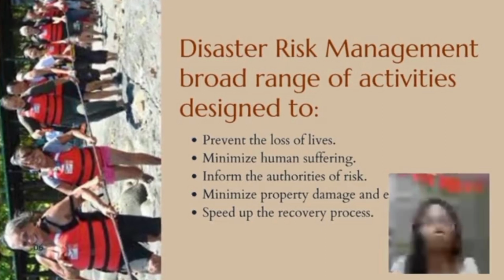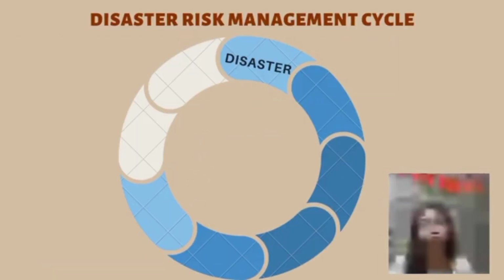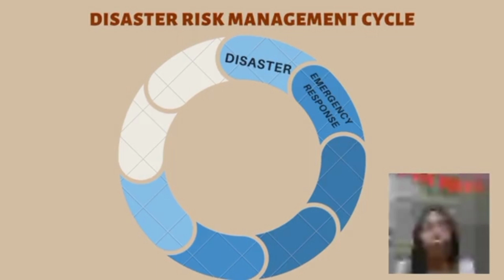Disaster risk management also has a management cycle. First is the emergency response. Emergency response includes any systematic response to an unexpected or dangerous occurrence. From emergency response, there's rehabilitation.